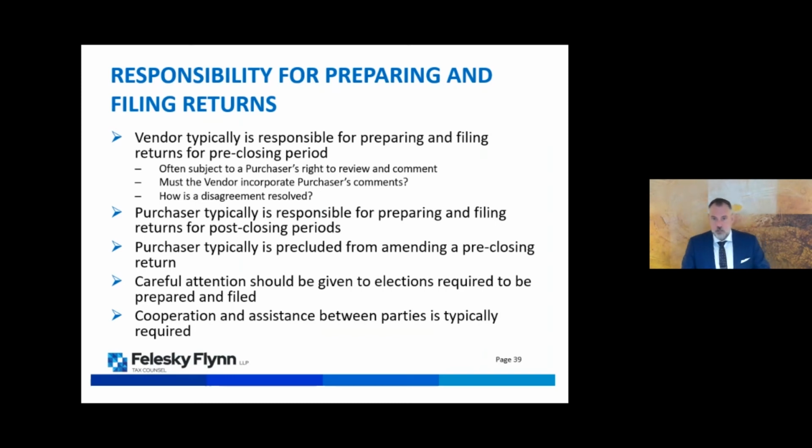So usually they're subject to a purchaser's right to review and comment, and then there's some room for negotiation around to what extent the vendor has to incorporate the purchaser's comments in the vendor returns, and if there's a disagreement, how will that be resolved?